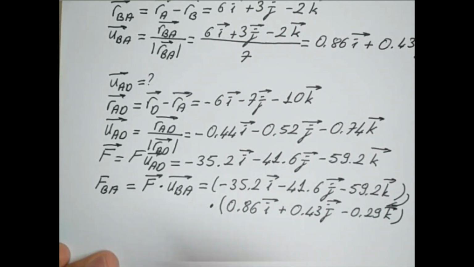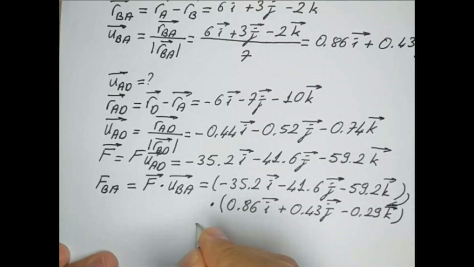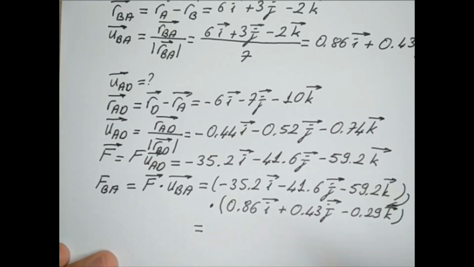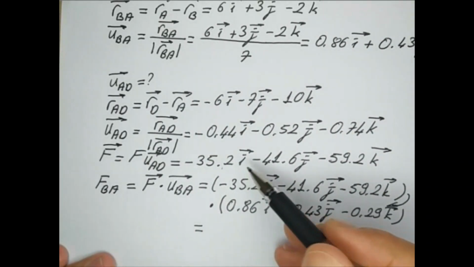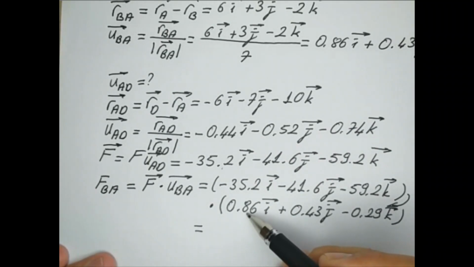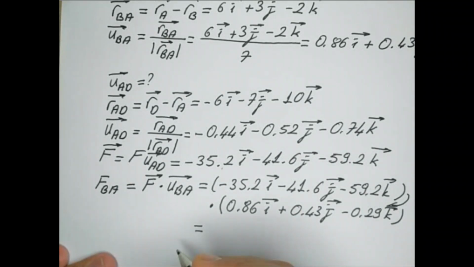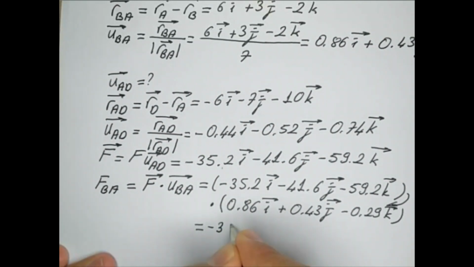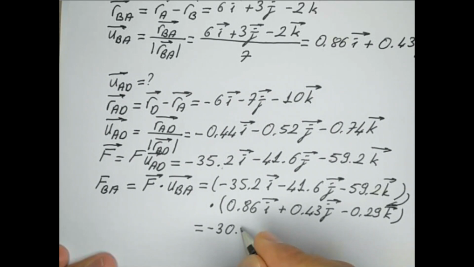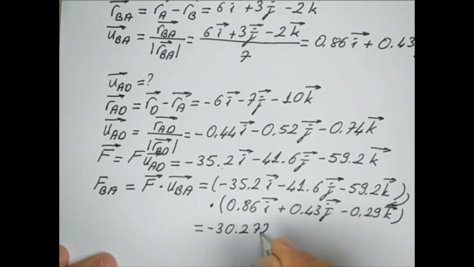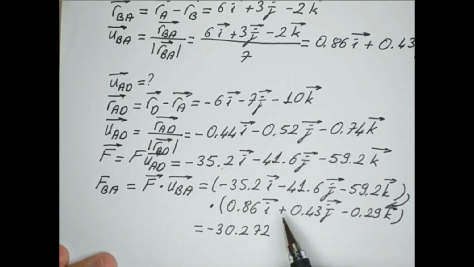Okay, now how do I do the multiplication? First I will do i multiplied by i. So minus 35.2 multiplied by 0.86, and the result will be minus 30.272. i multiplied with j is equal to 0, because i and j are perpendicular to each other. i multiplied with k is 0.